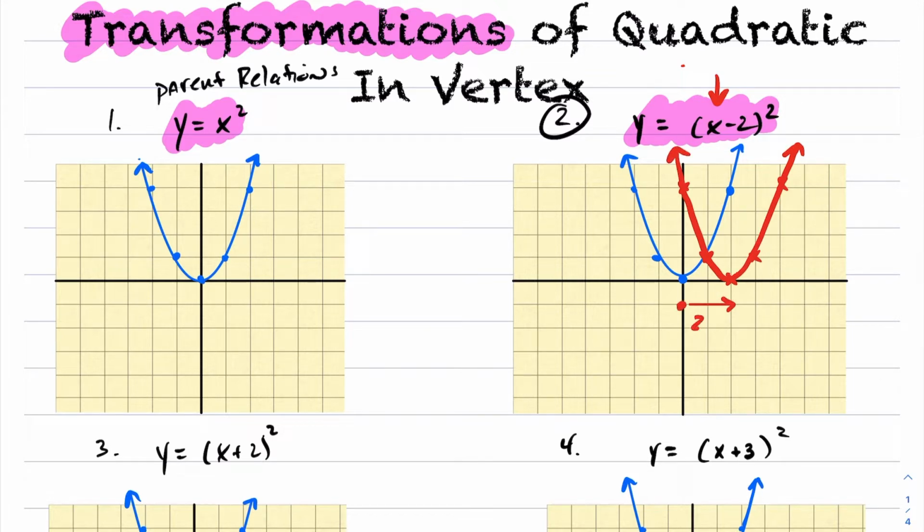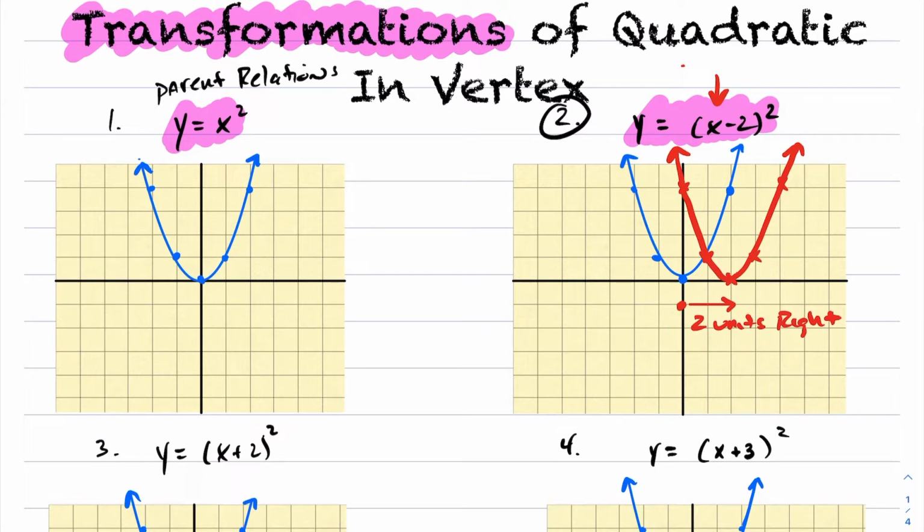The parabola is shifted 2 units to the right. Comparing our parent function and our translated quadratic, we can see we've shifted every point over exactly 2 units to the right-hand side.